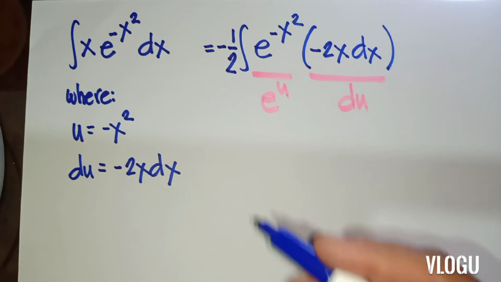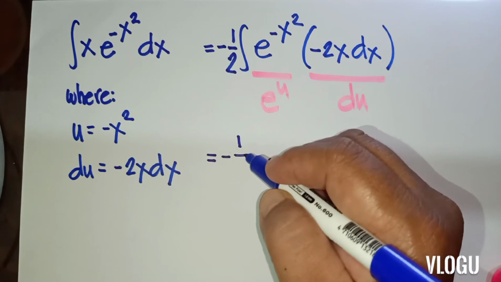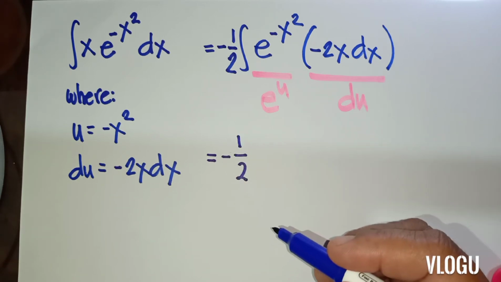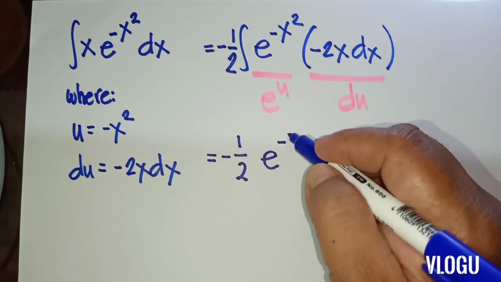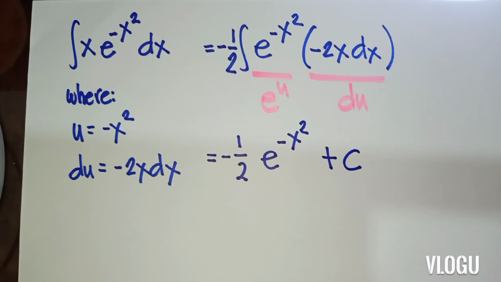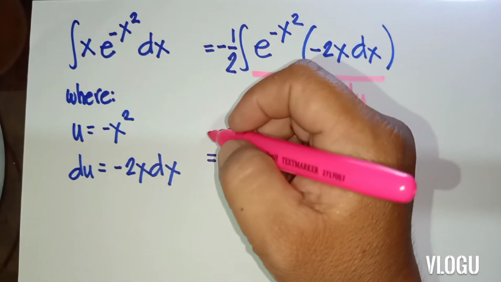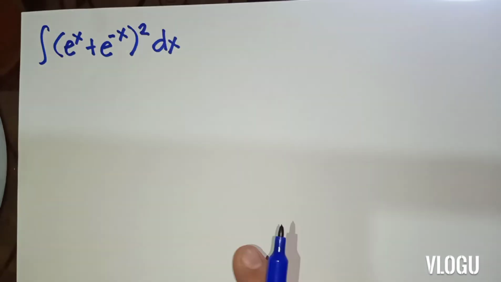So therefore you will have negative 1/2 e^(-x squared) plus c. So that is now the final answer.